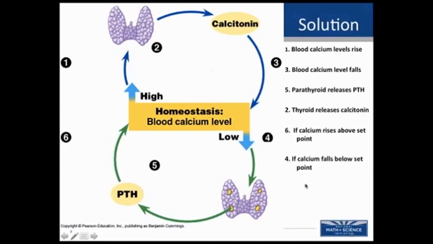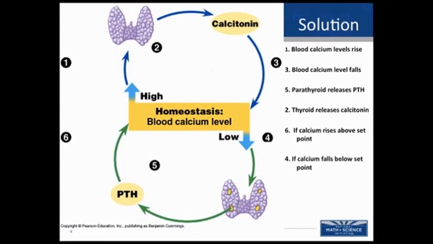Your results hopefully look something like this, where if we start with a rise in blood calcium level, the thyroid gland produces calcitonin, which stimulates the deposition of calcium into the bones, causing a lowering of blood calcium levels.